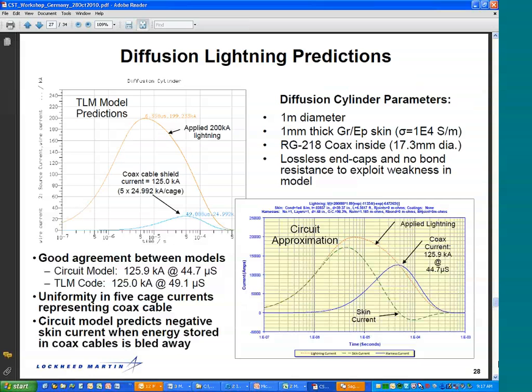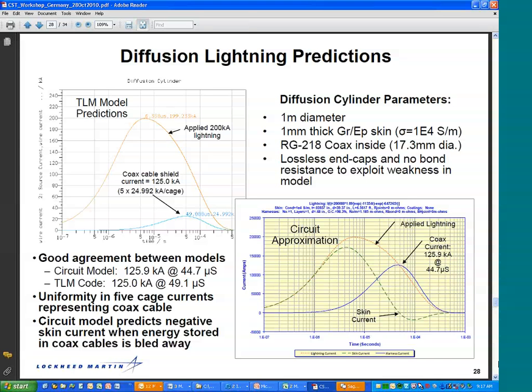So the results of this, you can see the diffusion occurring in this. This is a circuit model, not MicroStripes yet, but this has been validated and tuning MicroStripes models to have the TLM solver and CST tools actually predict this same behavior.